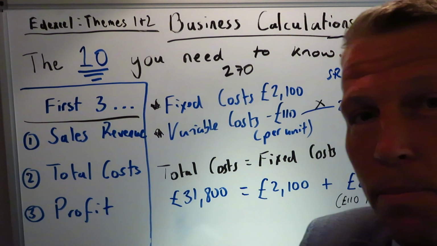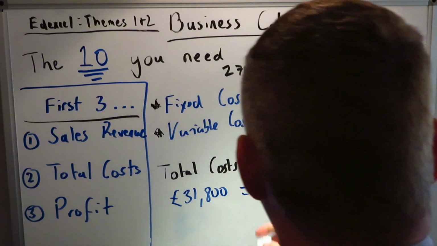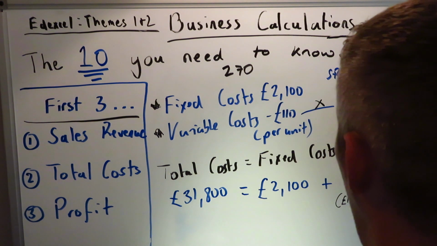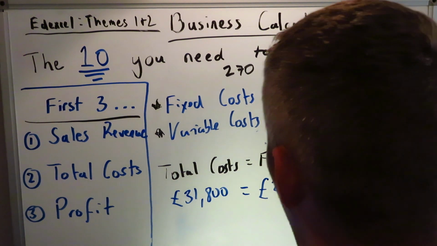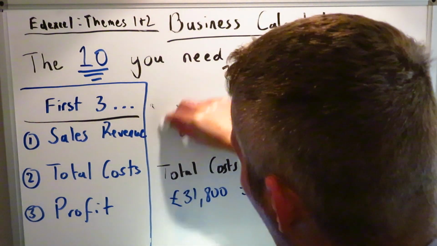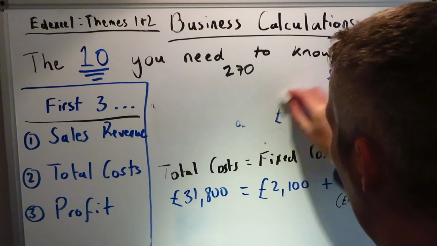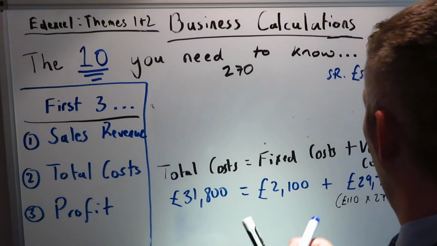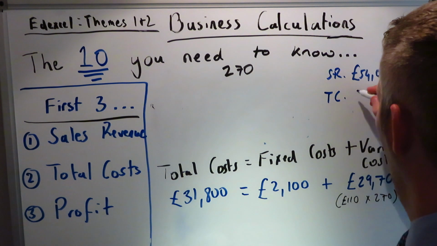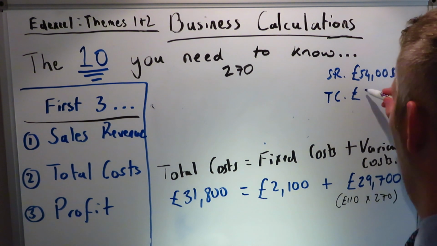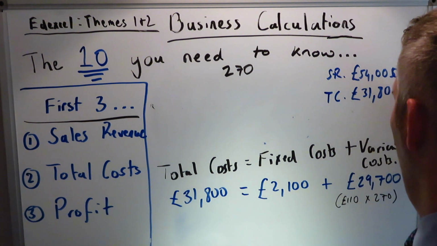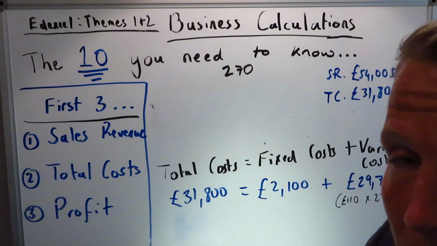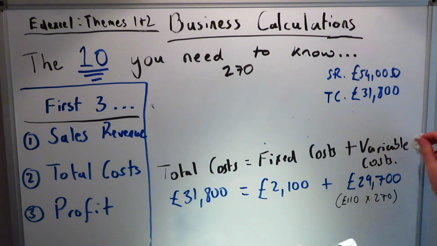Okay, I'm now going to put that into the profit. I'm going to put my total costs up here on the right hand side, and that's 31,800. We're then going to go on to the third point, which is profits.